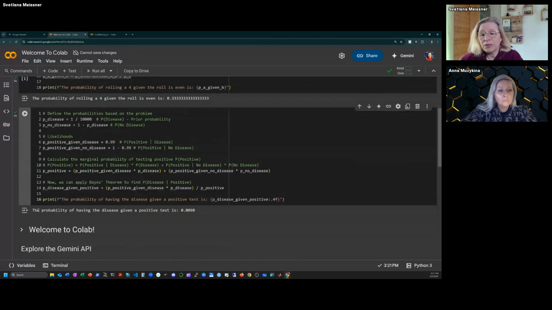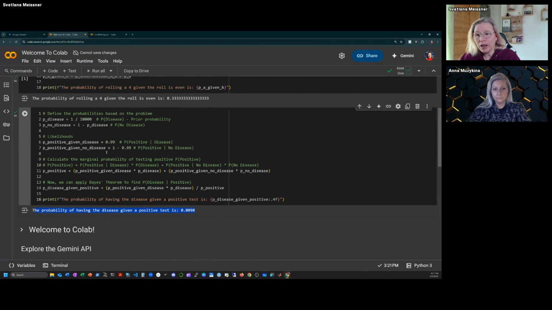And here it's really very quick, just multiplication and divisions: the probability is 0.0098. So this is the probability that you have the disease given a positive test.